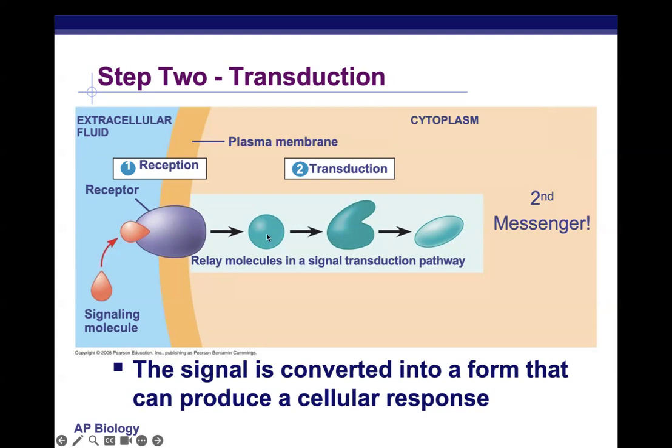And as it's passed from messenger to messenger, from molecule to molecule, it increases in magnitude. The signal is transferred to an increasing number of molecules so that the strength of that signal can exponentially grow.